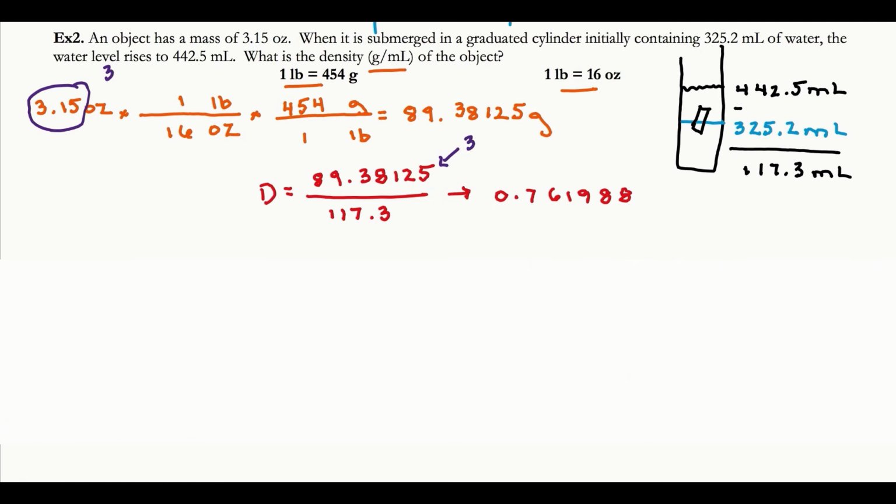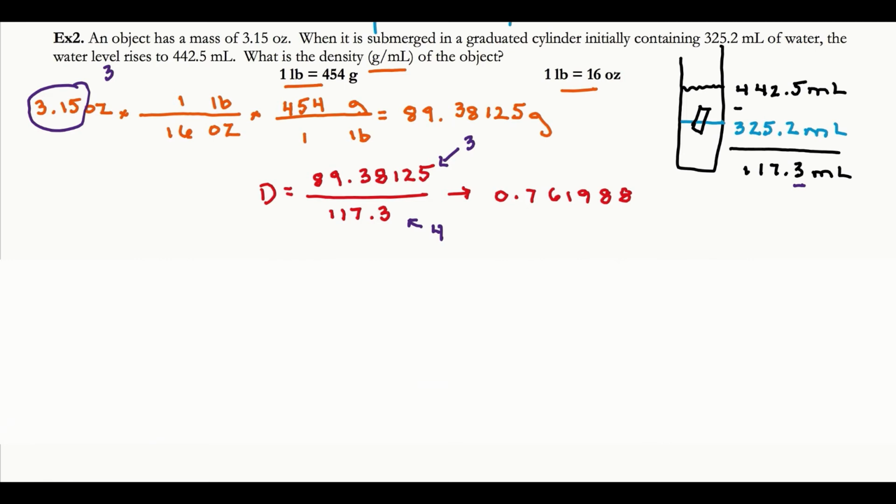Then, to find my volume, I subtracted. Remember, the rule for subtraction is you use the fewest number of decimal places. Well, 442.5 and 325.2 both have 1 decimal place, so this is actually how it should have been rounded. So this number should have, and does have, a total of 4 significant figures. Do you see how that's complicated?